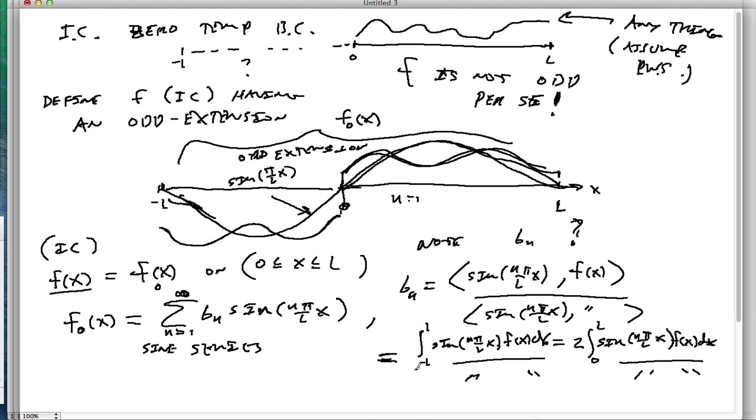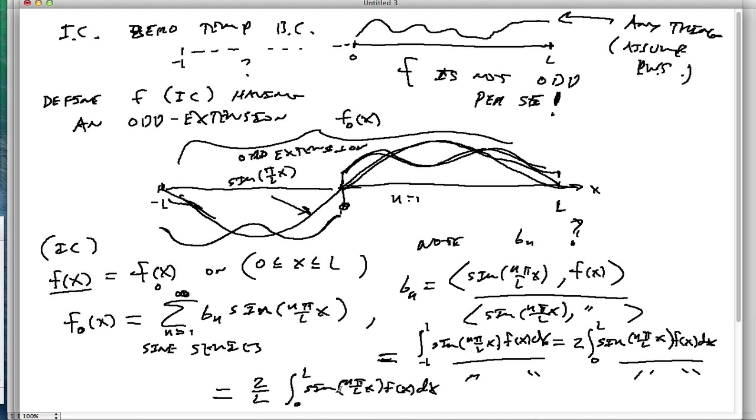What we can do then is abbreviate all of this to the following coefficient: it's really just going to be 2 over L times the integral from 0 to L of sine n pi over L x f of x dx.